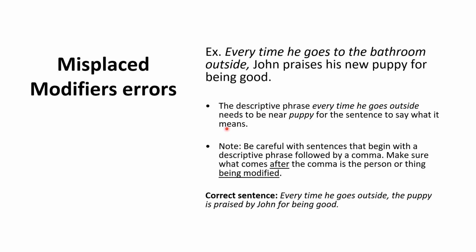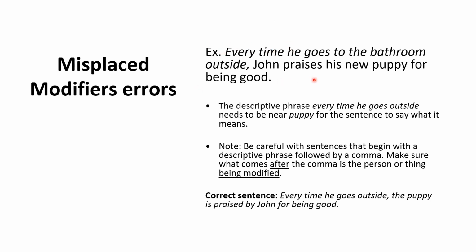Okay? Here's a note. Be careful with sentences that begin with a descriptive phrase followed by a comma. This is a descriptive phrase followed by a comma. When you see a sentence that is structured this way, make sure that what comes after the comma is the person or thing being described. Did you get that?